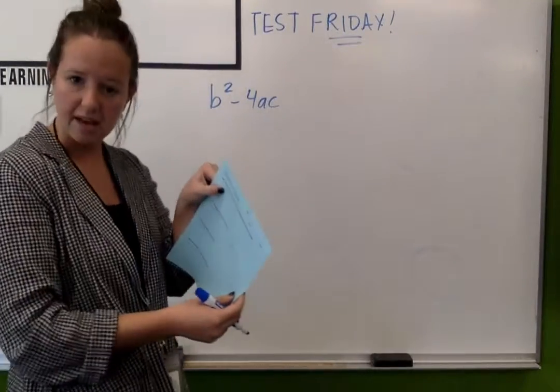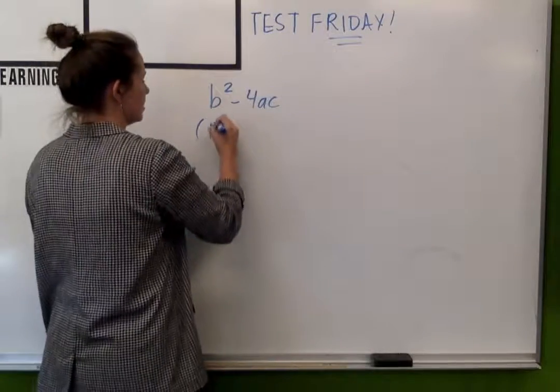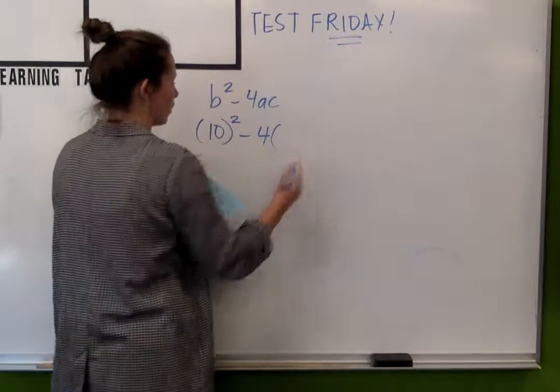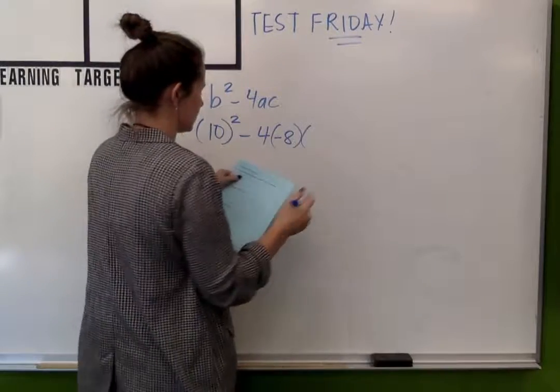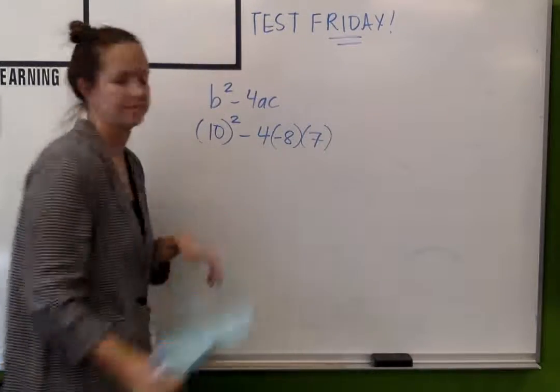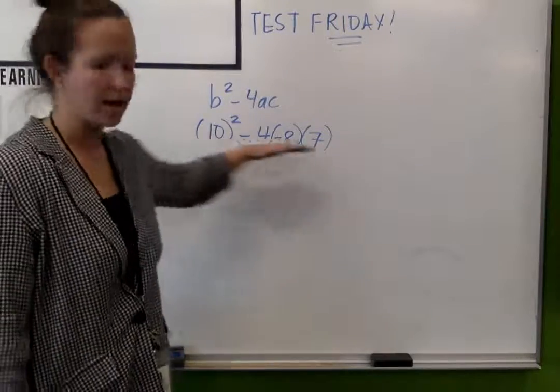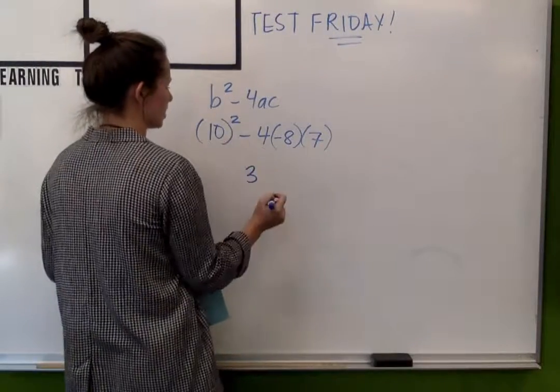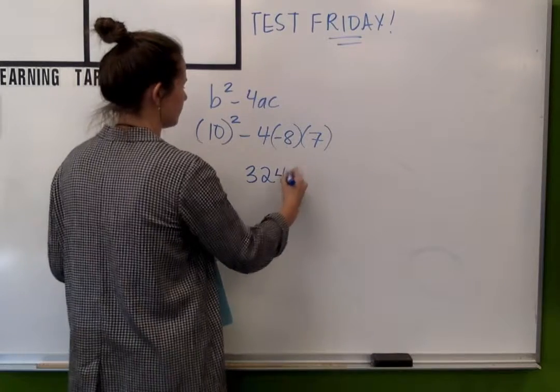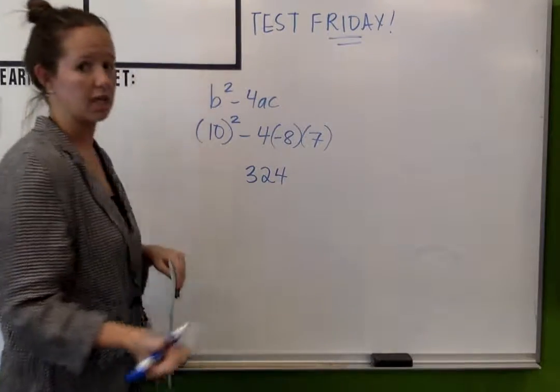So b is 10, so 10 squared minus 4, a is negative 8, and c is 7. So that's it. You can just type that straight into your calculator, and I think you get 324. I think that's right.